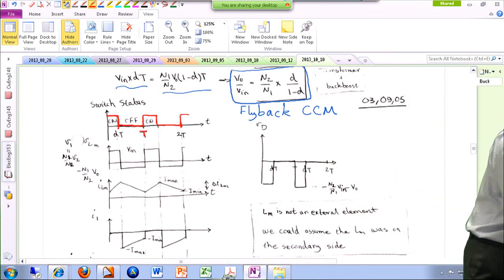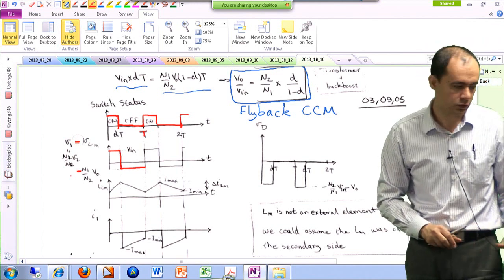We just saw in the first mode, this is V on, which is the same as VLM, which is N1 over N2 times V2. In the first mode, it's positive. It's actually Vin. In the second mode, it's negative. It's the negative of N1 over N2 times Vout.